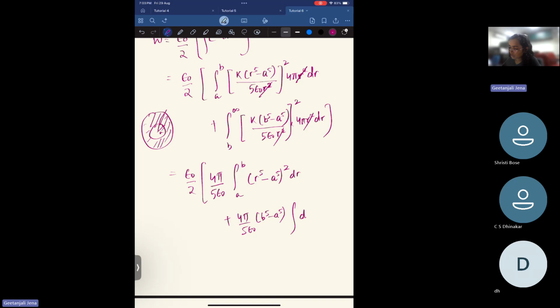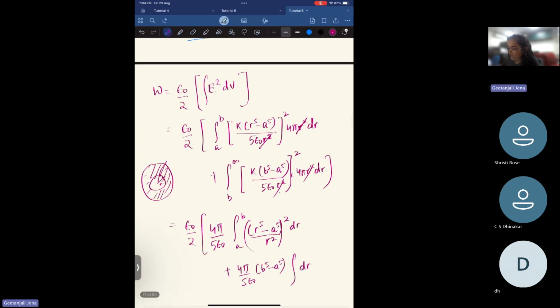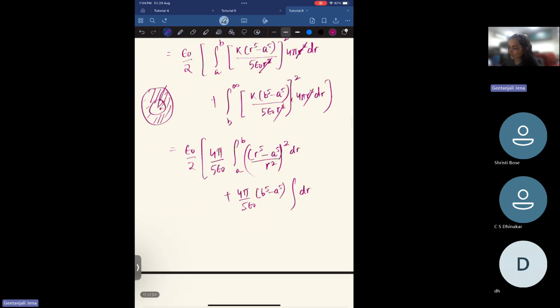Now you have dr. I made a mistake. So this is r square, right? So one r square will remain because it will be r to power 4. R square will remain, 1 by r square, from b to infinity.